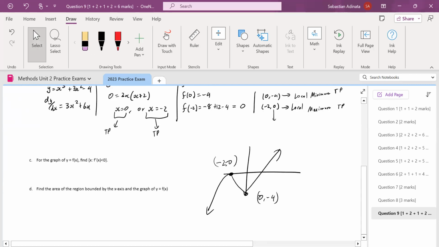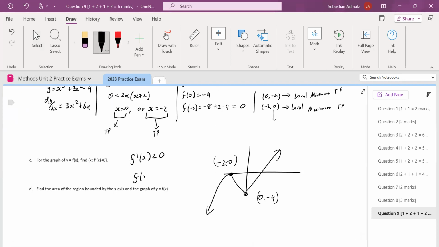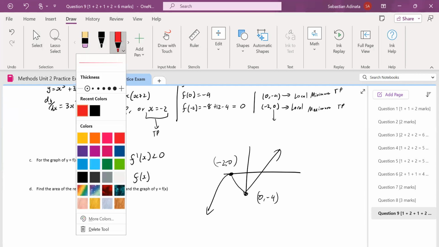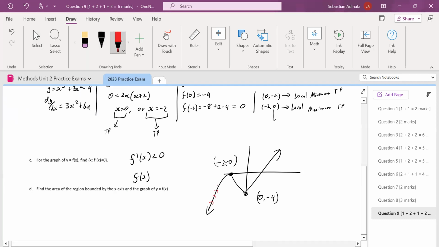Now, what does it mean for f dash of x to be less than 0? It means that the original graph is decreasing. So let's find when this graph is decreasing. From left to right, clearly we see it's increasing from -infinity to -2, so it is not this part of the graph.